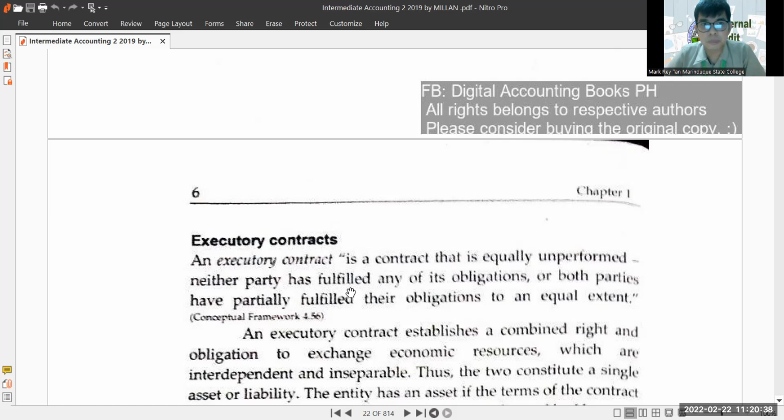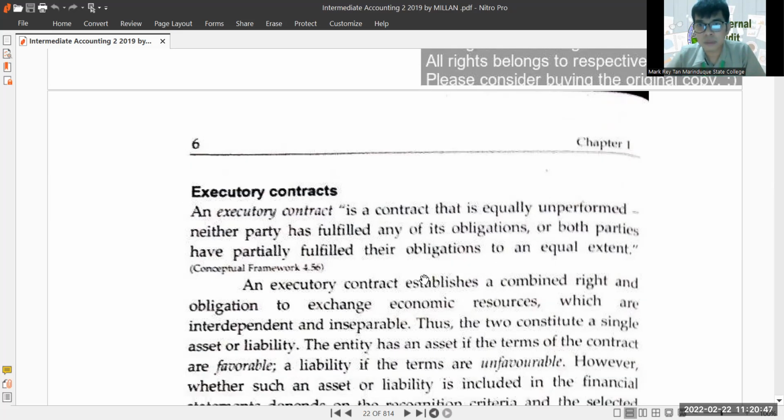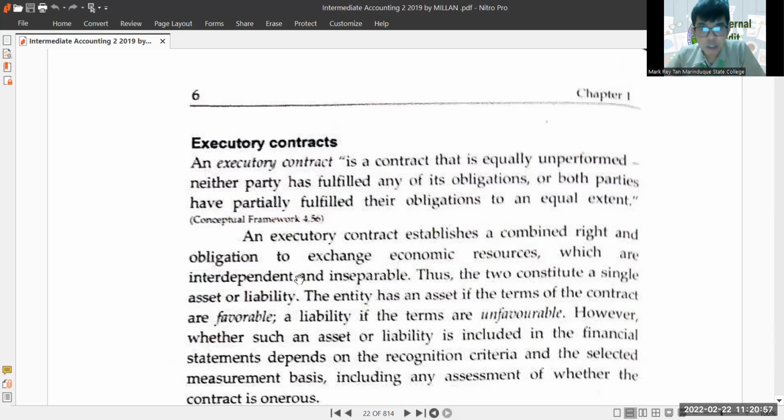Wala pang na-perform. Therefore, wala pang obligation for each of them. Or pwede rin yung executory contract ay meron daw partial fulfillment ng obligation to an equal extent. Okay? An executory contract establishes a combined right and obligation to exchange economic resource.